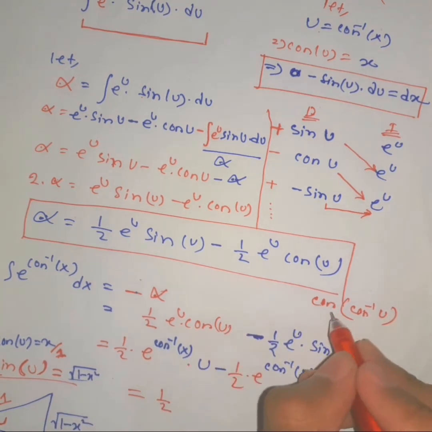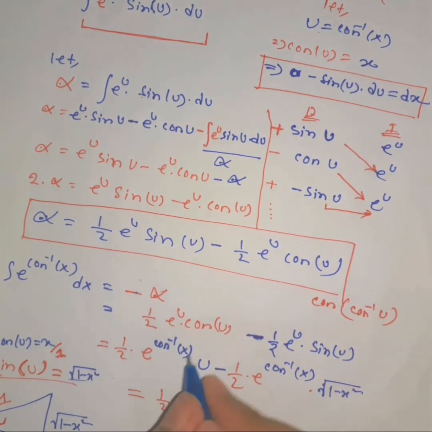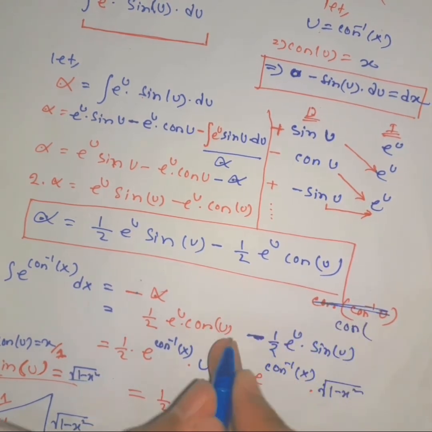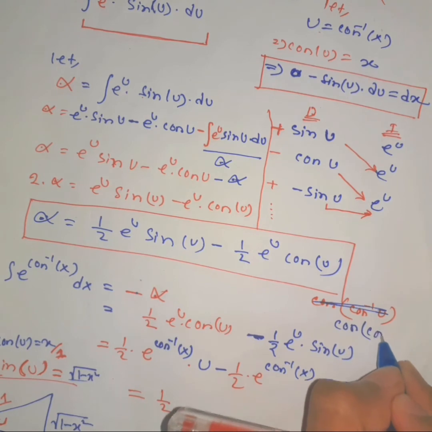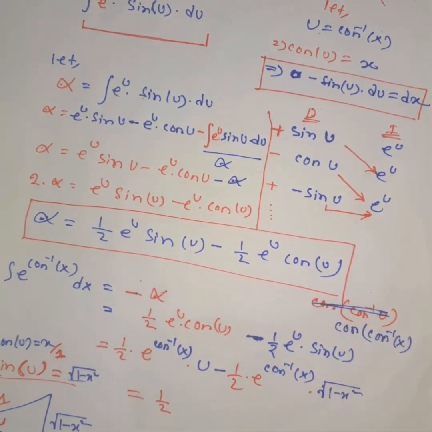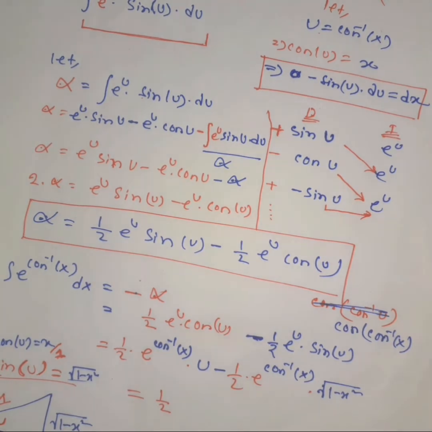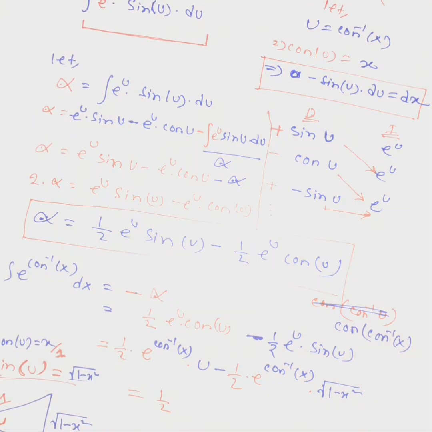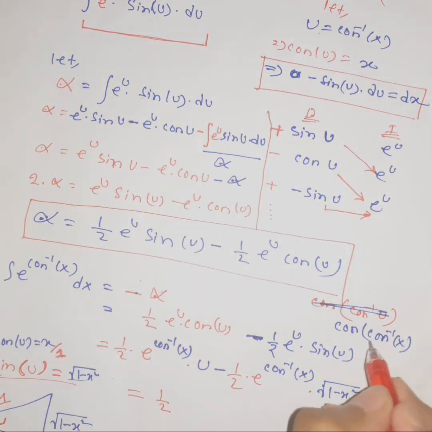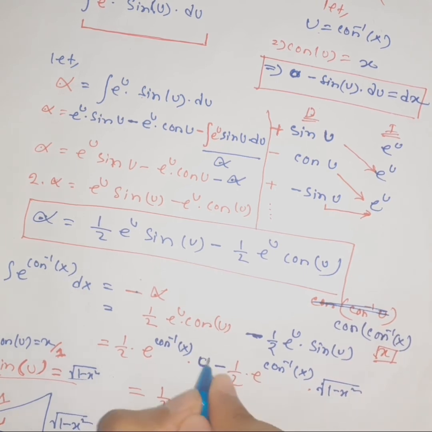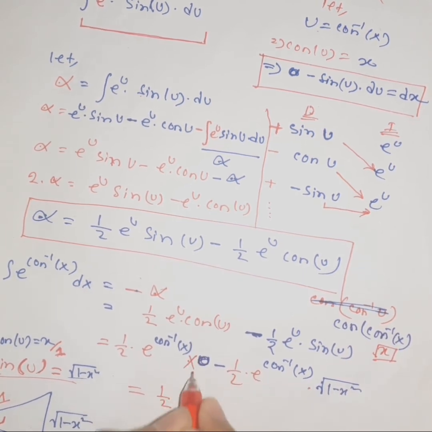Notice cosine of u, let's do it again, cosine of u, and u is the same as cosine inverse of x, so the value will be only x, not u, right? So this is x, not u, sorry for that.